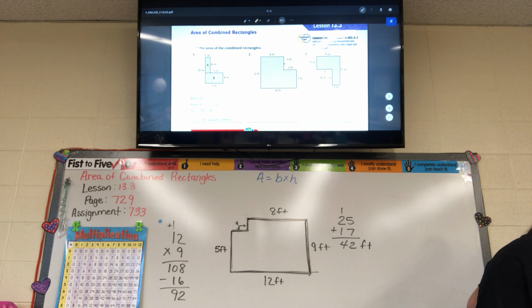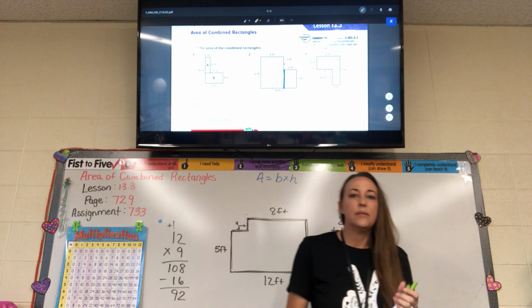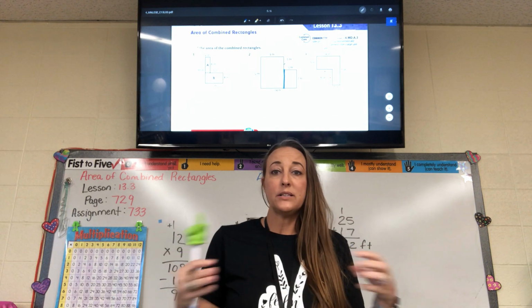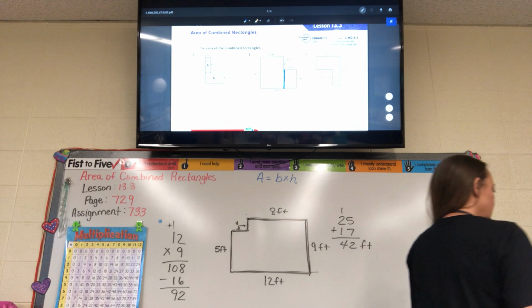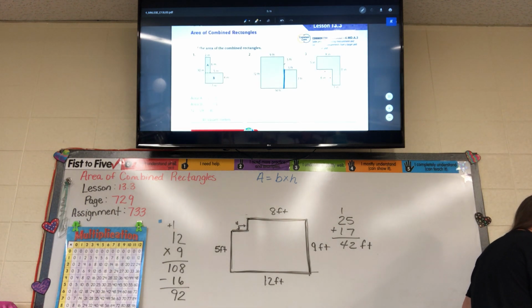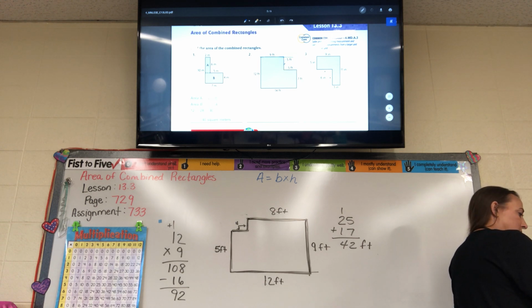So you can either split this one like this, or split this like this, whichever you would prefer, and then find the area of the two rectangles, add them together, or you can find the area of this entire big rectangle, then find the area of this guy and subtract it. Okay?